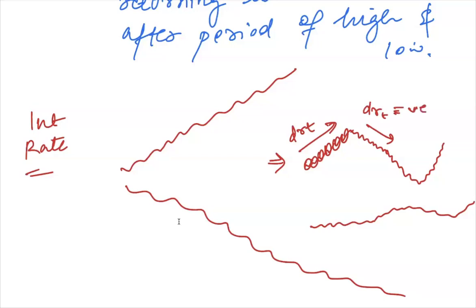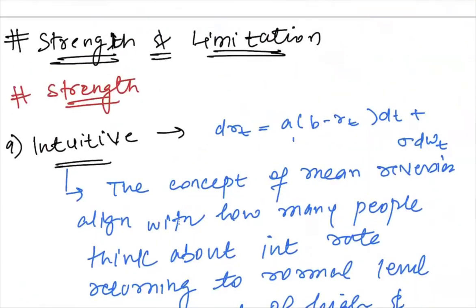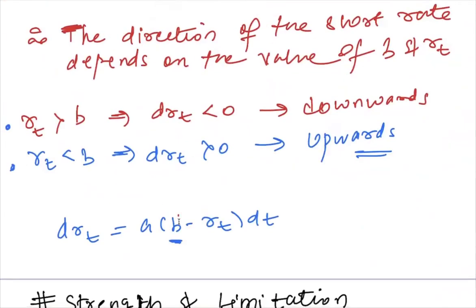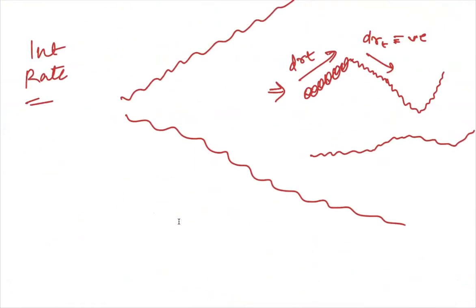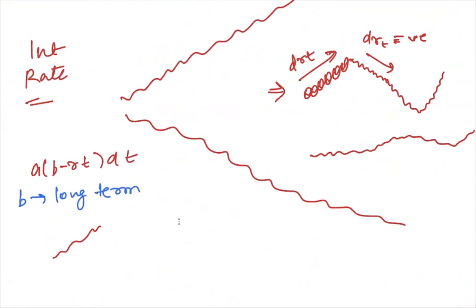And one more thing I wanted to make you understand: if you remember this b component in a(b − rt)dt, what was it? Long-term mean, right? Long-term mean.